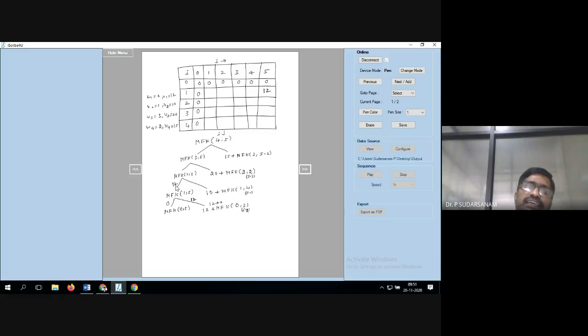Actually, initially you can put all hyphens. Instead of putting all hyphens, you write all the values, then for the ones you are not getting, you put the hyphens. Now we have to solve 2 comma 5. On the left hand side you got the values. Now you want this one, 10 plus MFK of 1 comma 4. So I'll write it here.